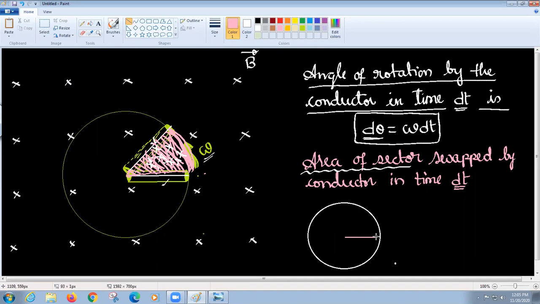Now the same radius r I'll take along this circumference; the same length of r I will rest on the circumference. This is the same r. This is called 1 radian, right? This guy is 1 radian.